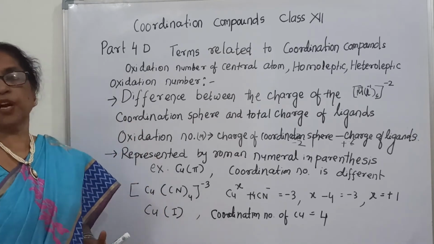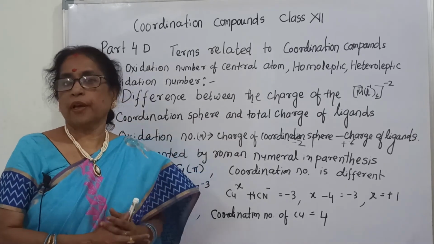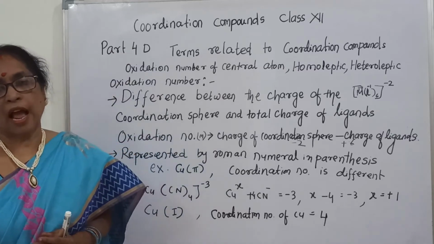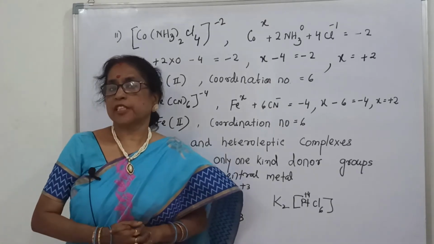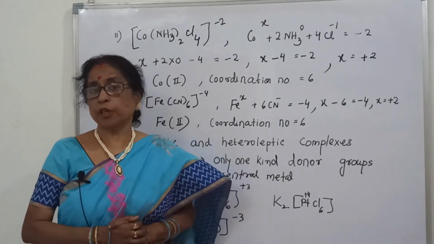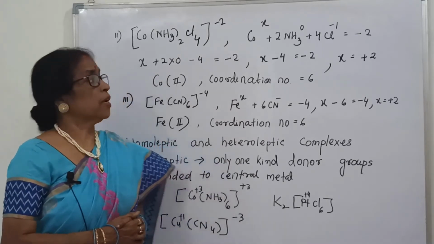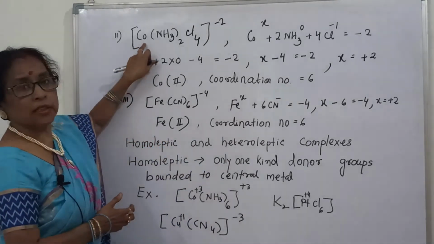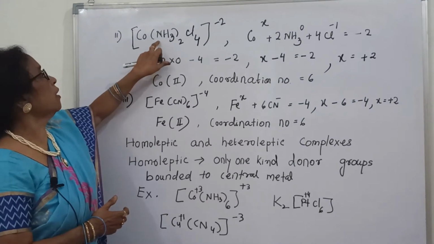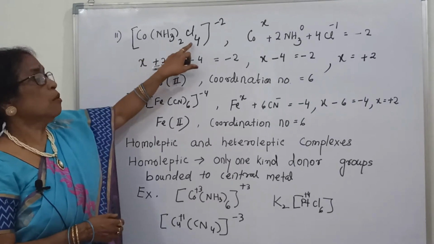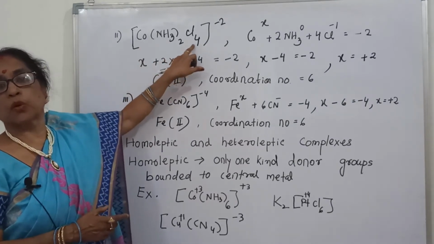How can you calculate the oxidation number of a central metal atom? Here you will see the next example. The example is cobalt surrounded by 2 molecules of ammonia and 4 chloride ions.